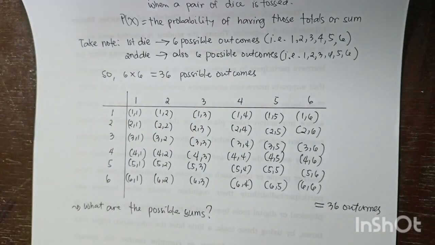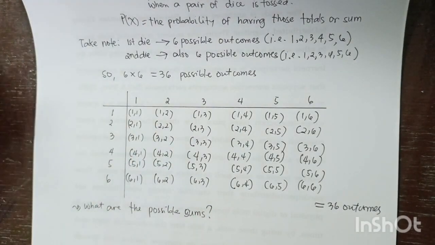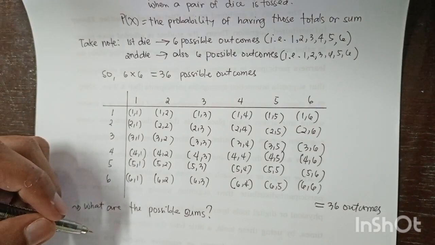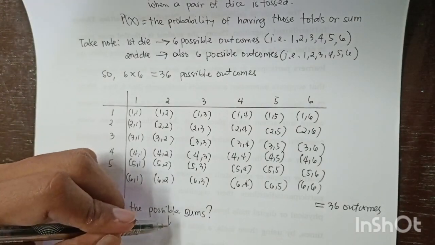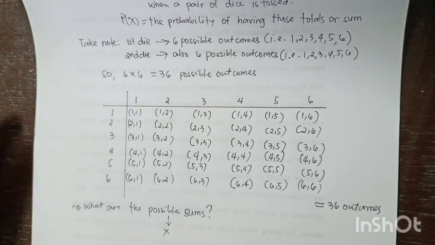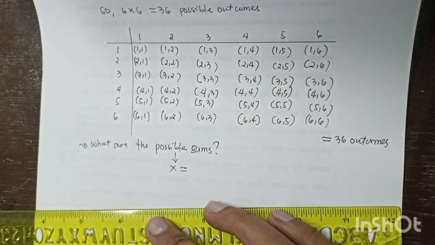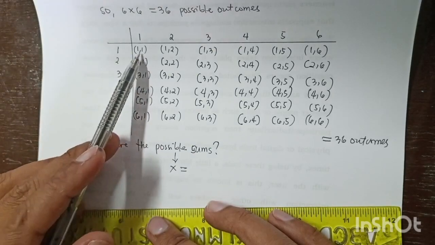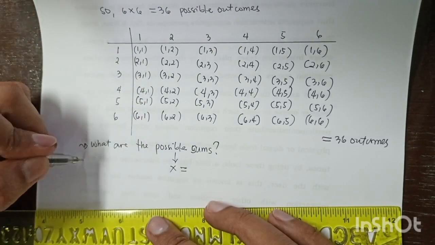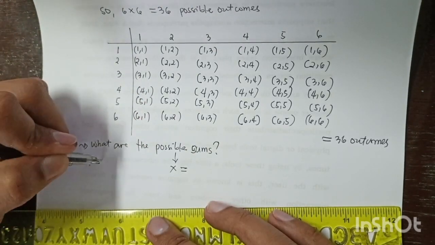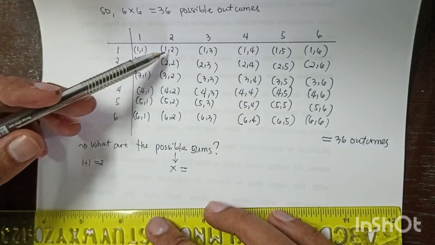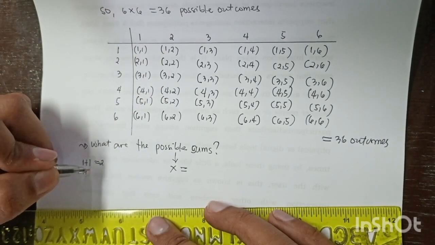Based on these outcomes, what are the possible sums? Take note that we let the possible outcomes be capital X. So for 1 and 1, the sum is 2.